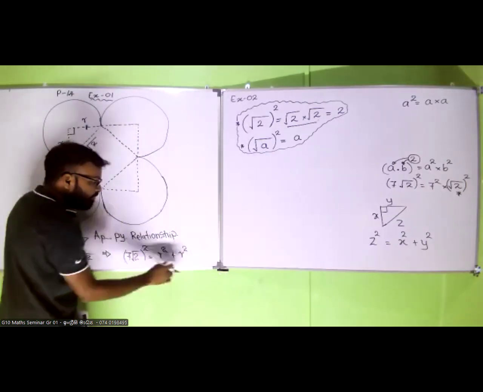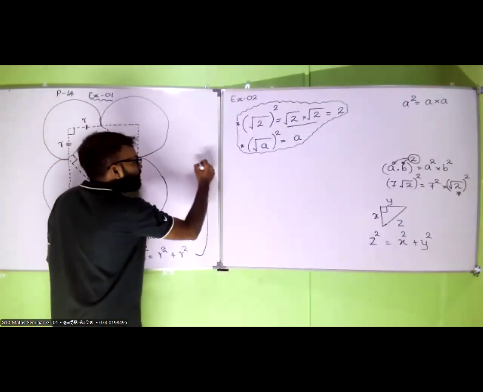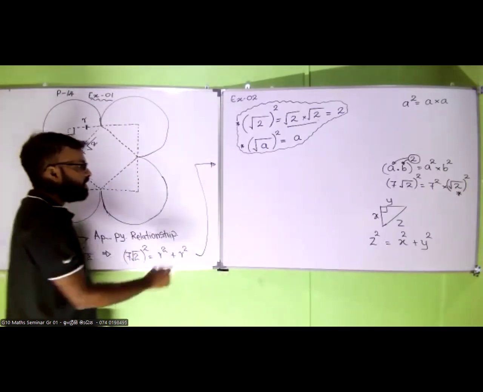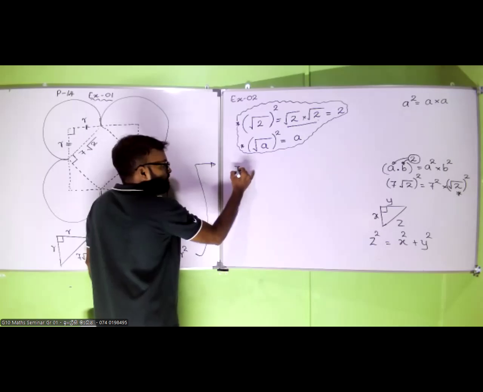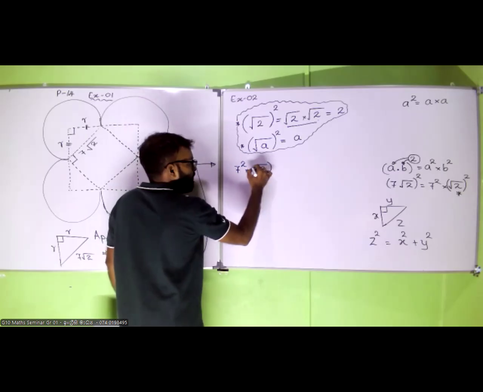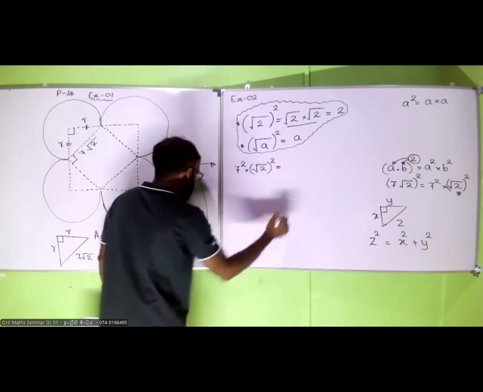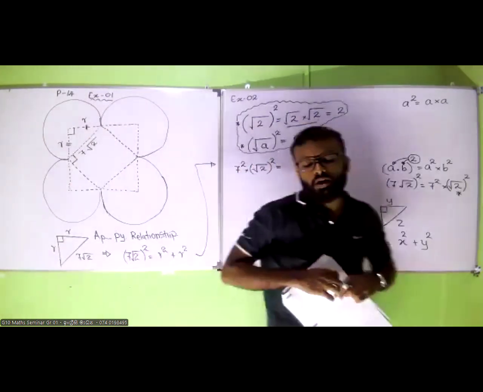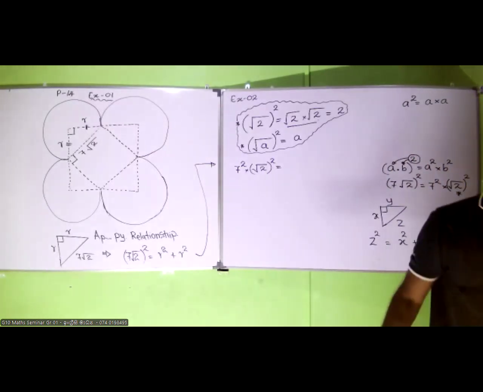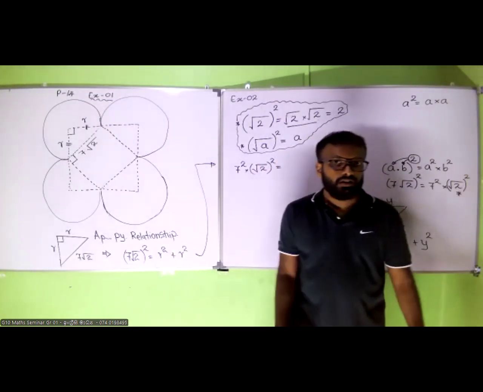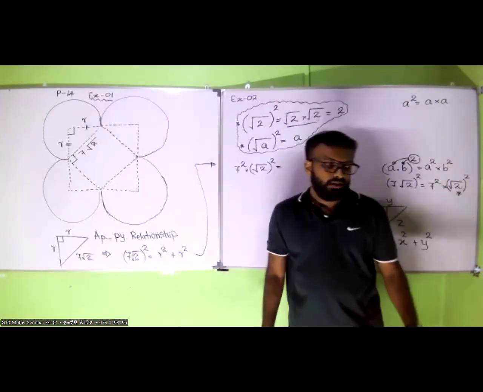Okay, so I am going to simplify this part from here. This one I am going to expand like that: 7 to the power 2 multiplied by square root 2 to the power 2 equals r squared plus r squared. What is the answer? R squared plus r squared. Tell me.